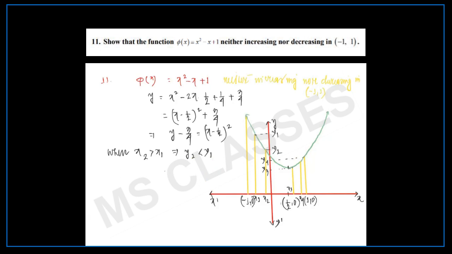Now see the writing part, how to write. So first of all, we say we take x1 comma x2 belongs to minus 1 comma half, such that x2 greater than x1, which implies y2 less than y1 from graph.